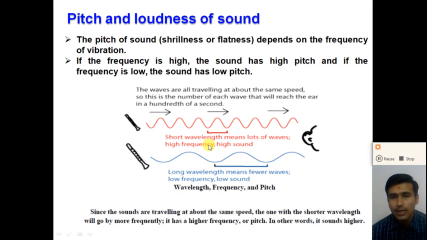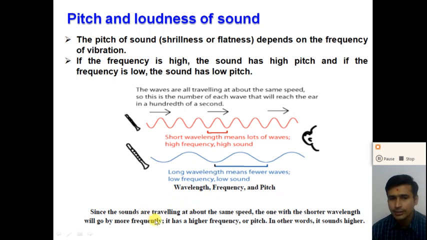It has a high frequency. It has a high sound, right? So if the frequency of the sound wave is high, we can say that the sound has a high pitch. And if the wavelength is longer, that means a low frequency sound wave is there. So if the frequency of the sound wave is low, it has a low pitch, right?